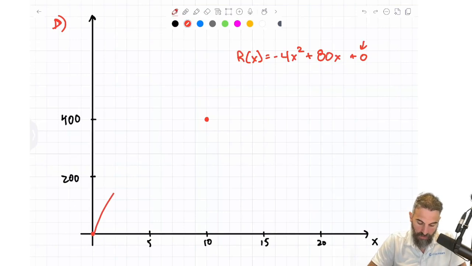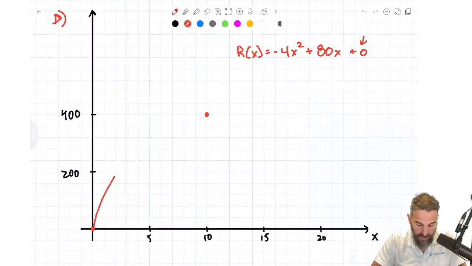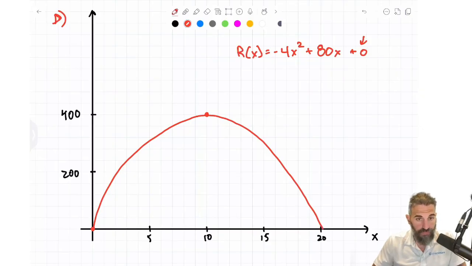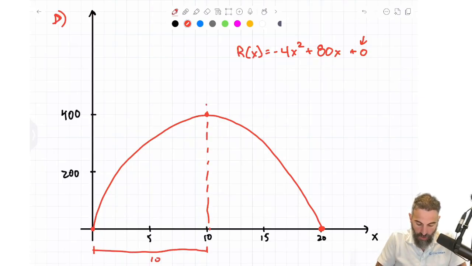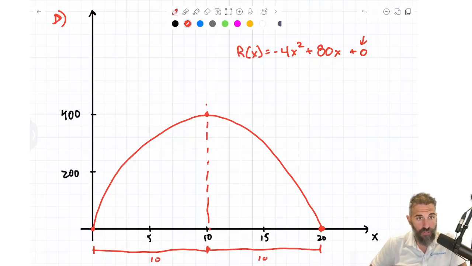Look, so like this, it hits the vertex up there, and then it comes right back down to the 20. It's perfectly symmetrical. If this is the center of the parabola, and this is 10, from here to here, well, then this also has to be 10. And that's always going to happen with these revenue functions.